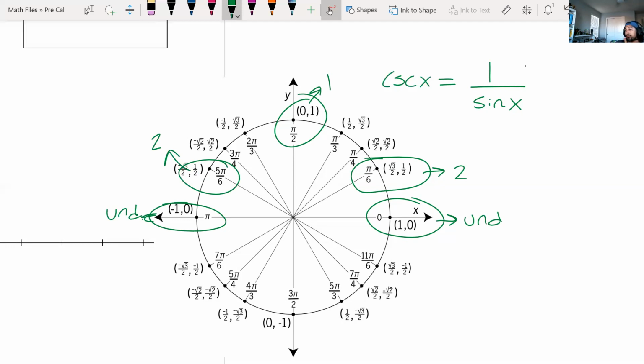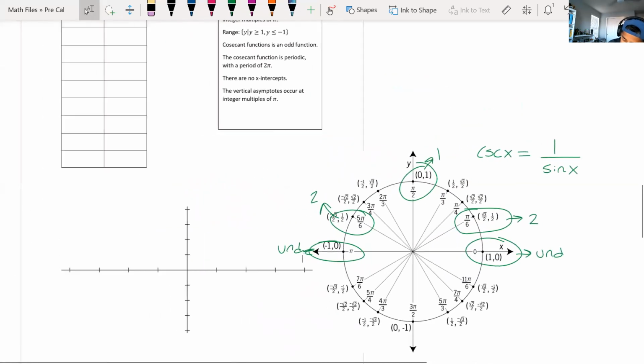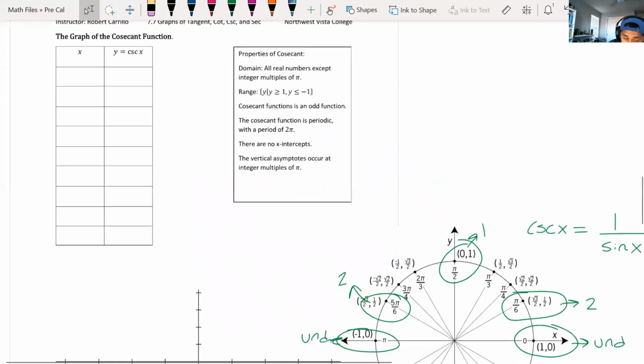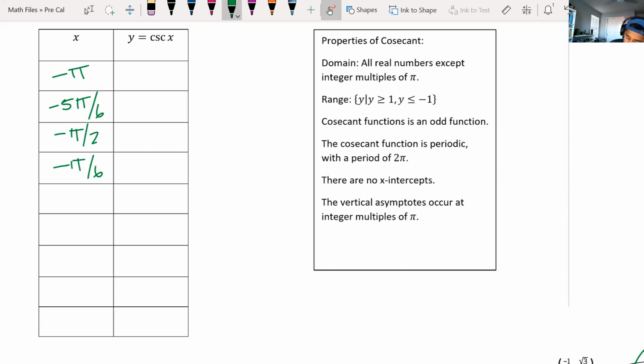And we're going to do the negative values as well. So this is going to look like, we're going to start at negative pi. And then we go negative 5 pi over 6, negative pi over 2, negative pi over 6, 0, and then repeat.